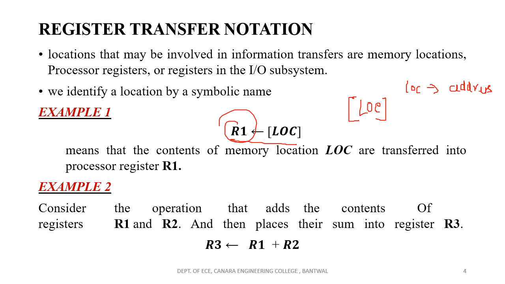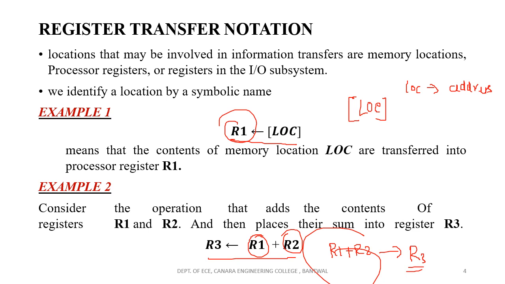So in case of example 2, R3 gets R1 plus R2. In this case, you will have two registers, R1 and R2. These two registers will have some data. You will add these two, and the resultant value is stored into R3. This notation represents adding two numbers and storing the result in the R3 register.